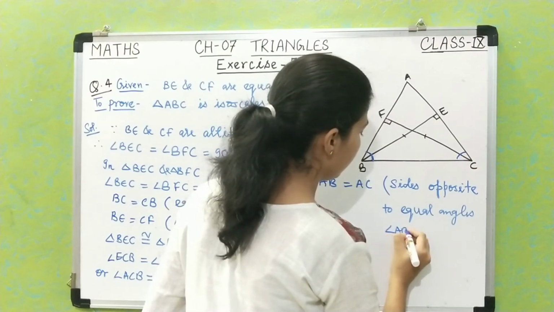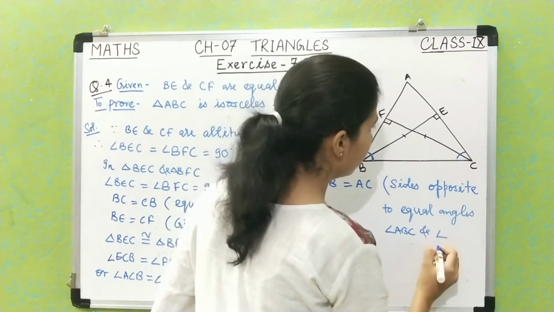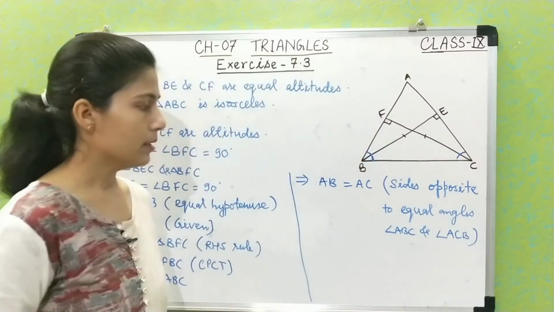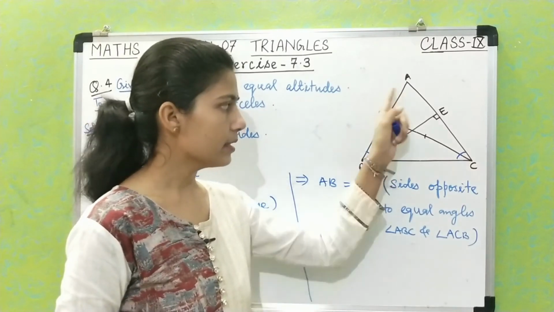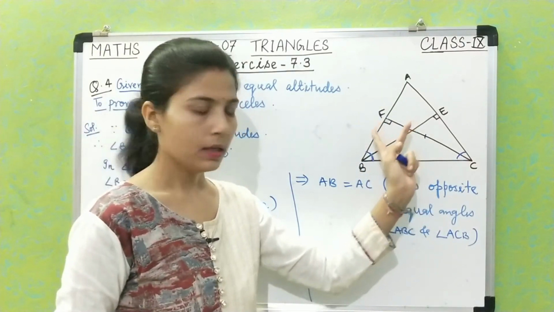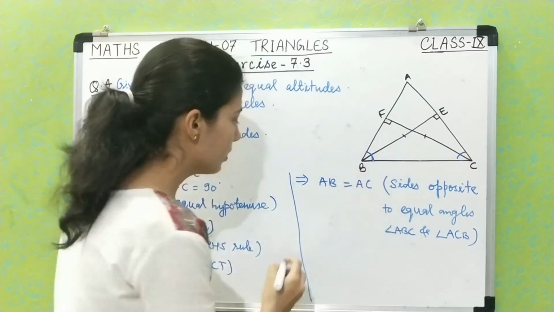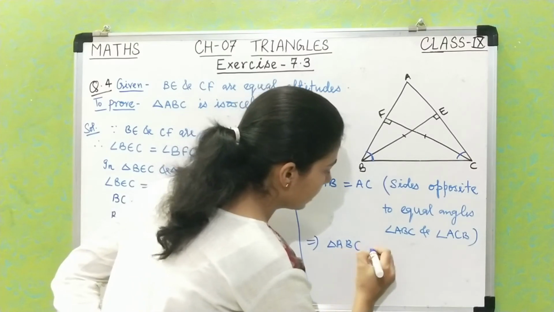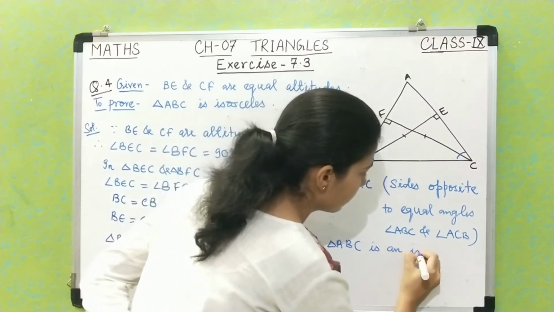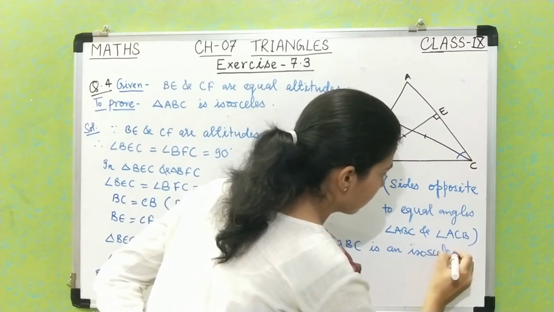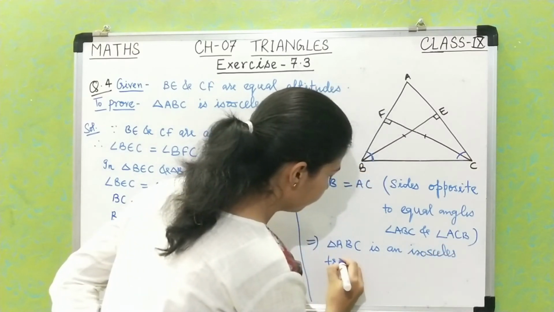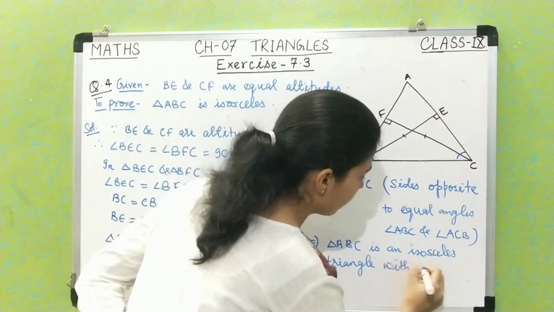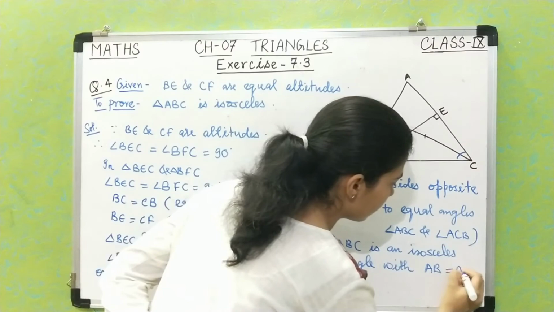Angle ABC and angle ACB. Okay, now see, since AB and AC are the sides of triangle ABC and both are equal, so we can say here that triangle ABC is an isosceles triangle with AB equals to AC.